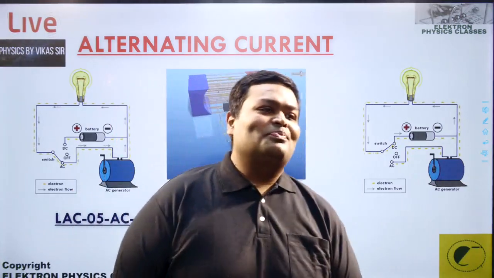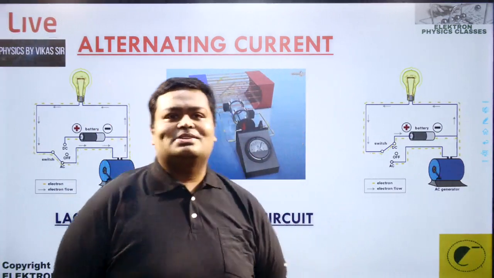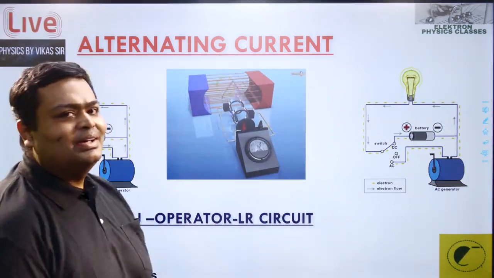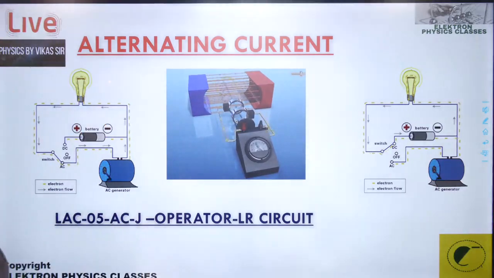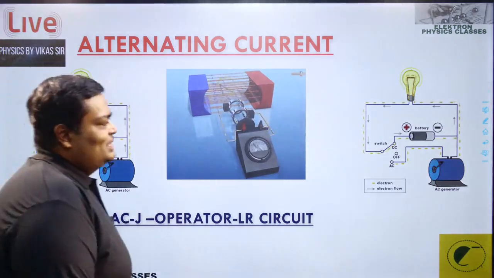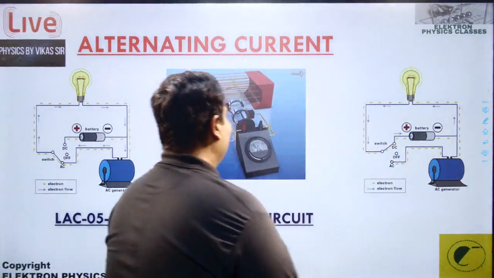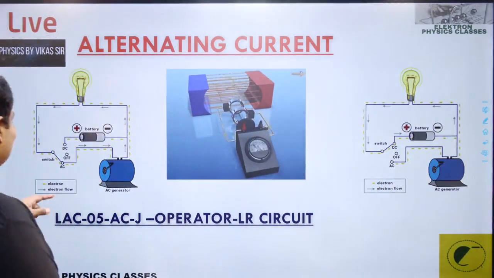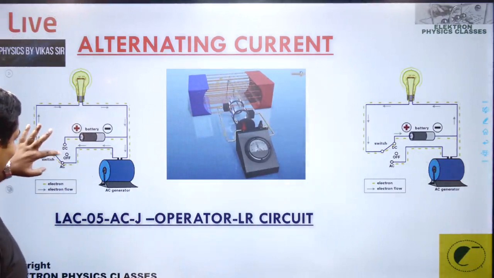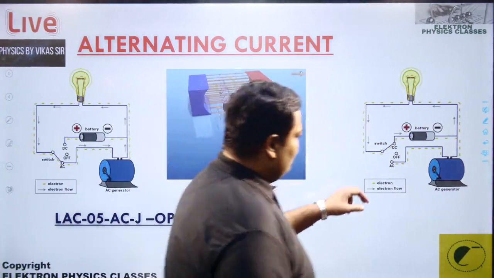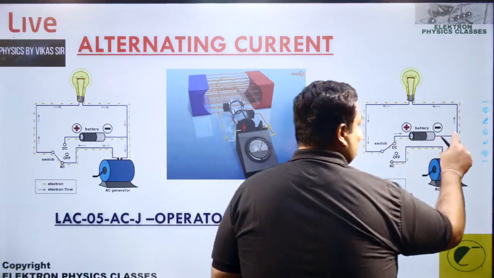Let's kickstart the lecture for today, and as I said, it is going to be once again a great lecture. See, this is an animation which I wanted to show yesterday also. This is an AC generator, but what we have done is there is a DC input and an AC input. Right now we have provided a DC input, a DC battery.